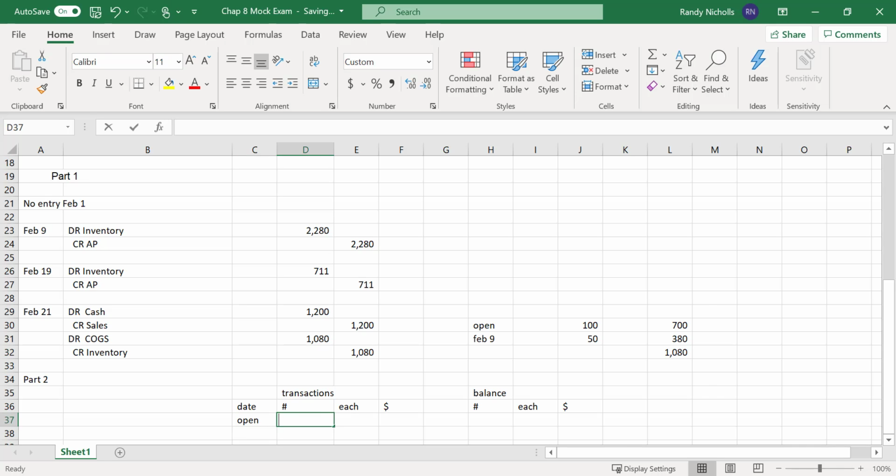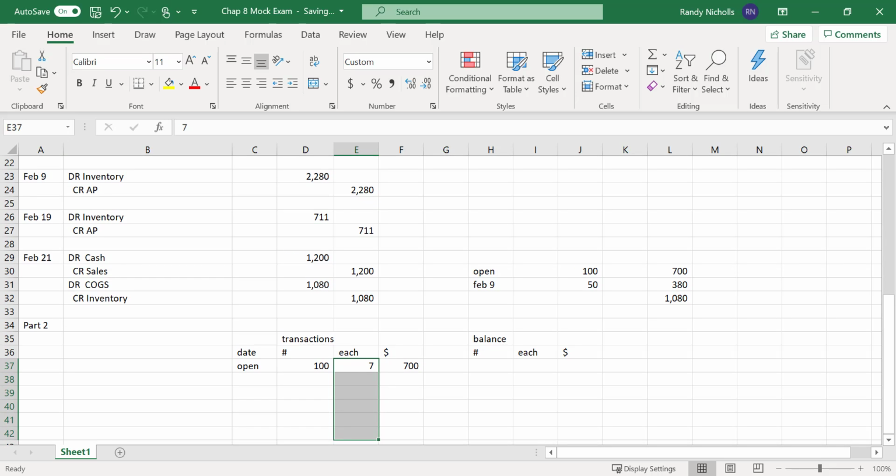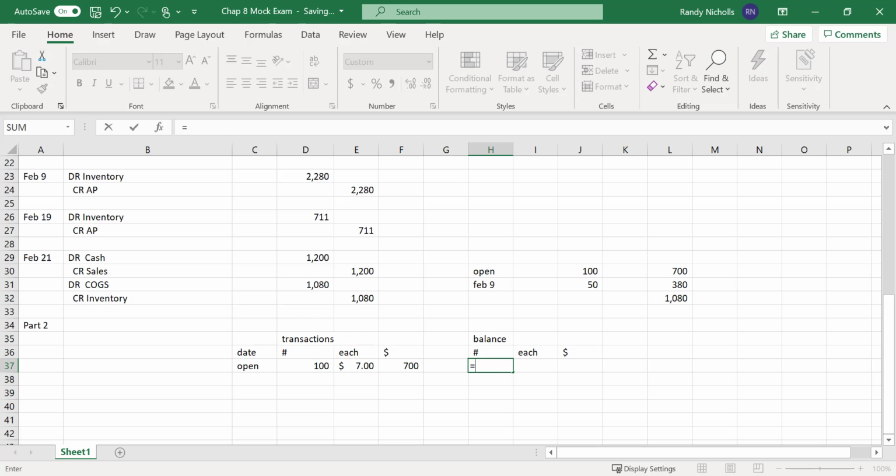I think that's the easiest format to track. So my opening, I've got 100, they're $7 each, and right, there's my math. If I want to, I can put each column at $7 just to make it a little clearer, and my balance is the same thing.